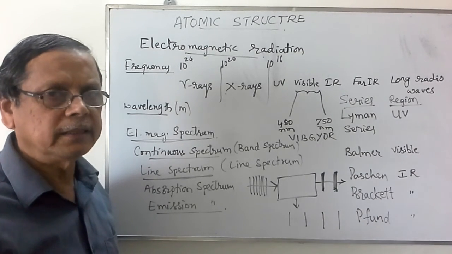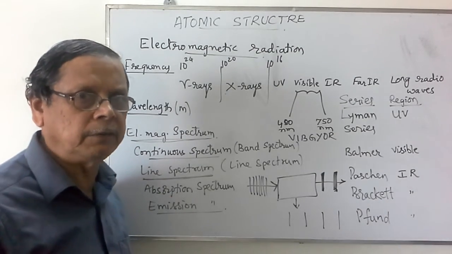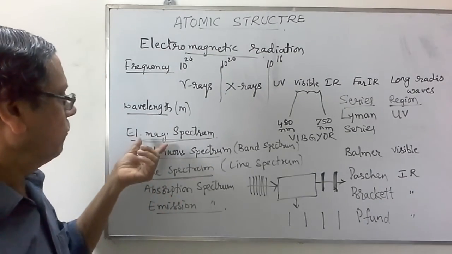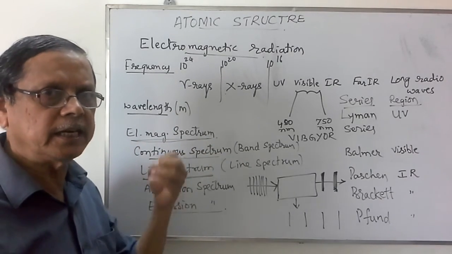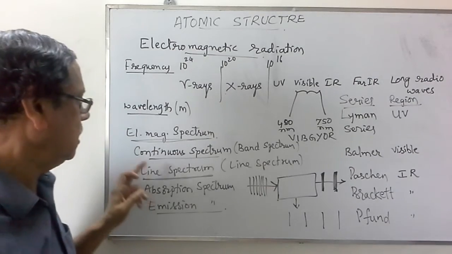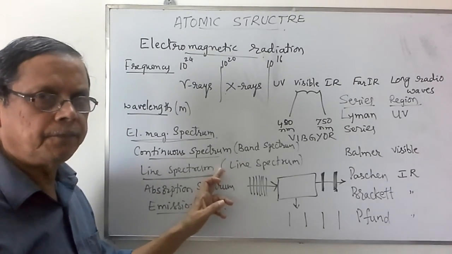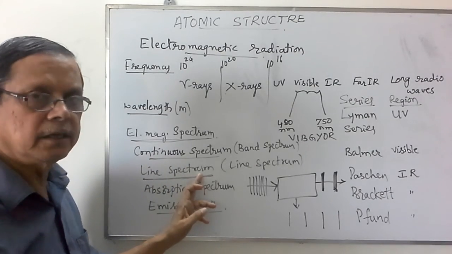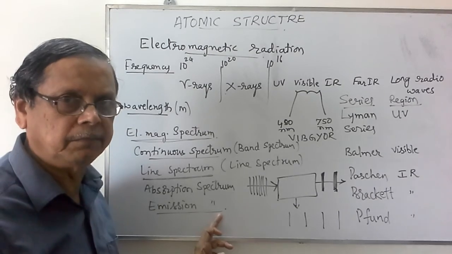To calculate the wavelength or frequency of all these radiations, a person named Rydberg proposed an equation that is called the Rydberg equation. Before the Rydberg equation, I will just repeat it. In case of the electromagnetic spectrum, when we consider certain radiation and subject it to dispersion, we will have either a band spectrum or a line spectrum, continuous or discontinuous. In case of the line spectrum, again we have absorption and emission spectrum.